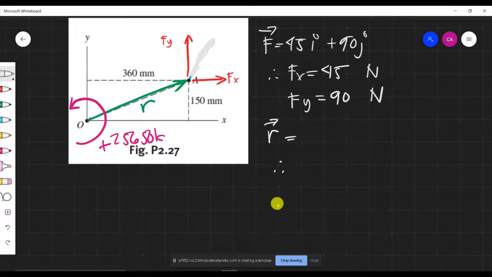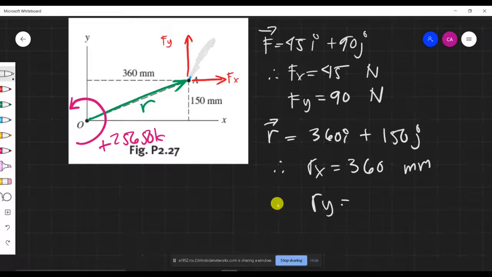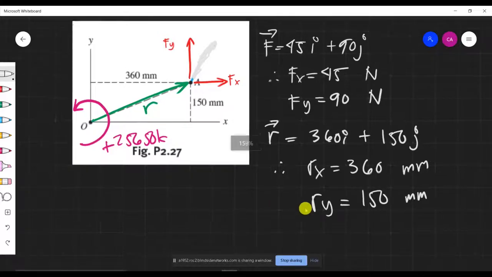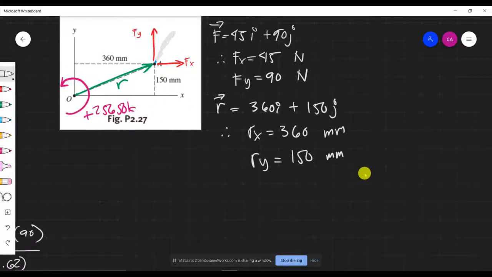So, yung R natin is 360I plus 150J. Okay? So, mangyayari is yung Rx is 360. Yung Ry is 150. Okay? Sa ganyang approach, ito yung walang vector approach.